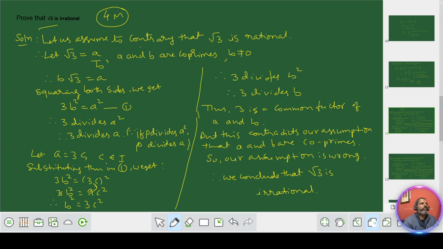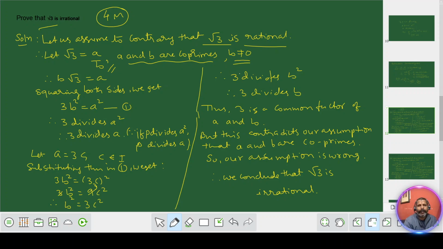First we assume, to the contrary, that root 3 is rational. When root 3 is rational, we know a rational number will be of the form p by q, right? So we write root 3 is a by b, where a and b are co-primes and b is not equal to 0. This is the next statement.